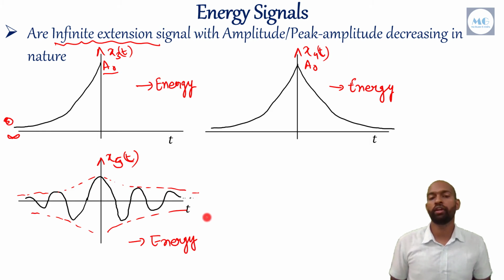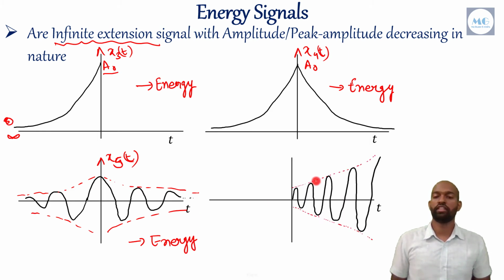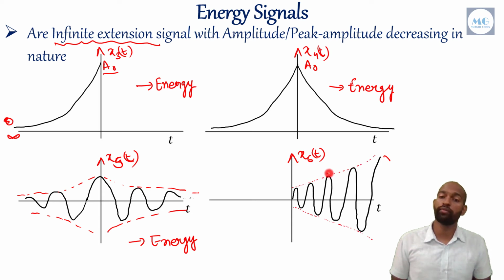Now let's move on to another signal. This x6(t) is an infinite duration signal, as it continues up to infinity, and its value is also increasing. We can see that its value is increasing and it is obviously going to infinity.